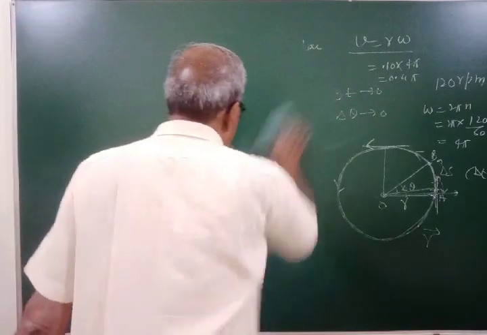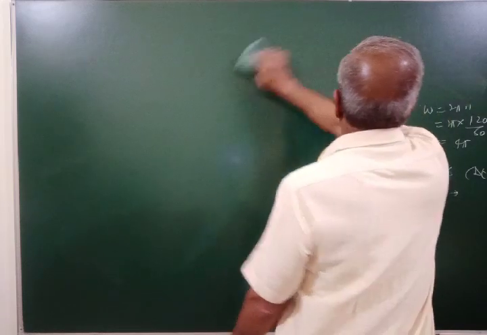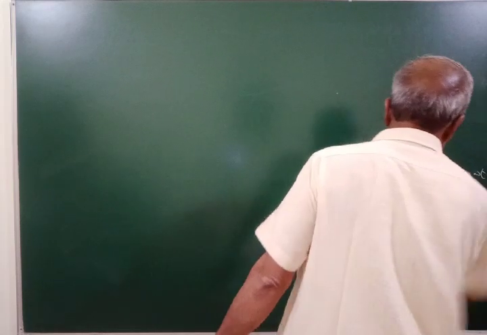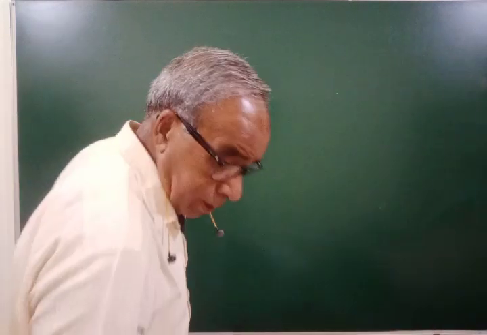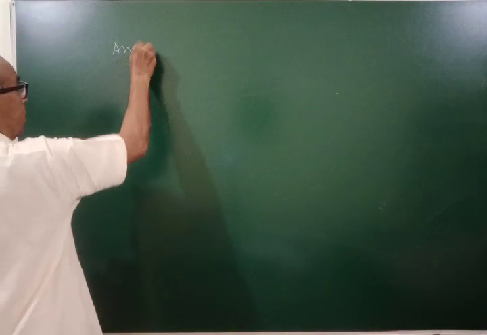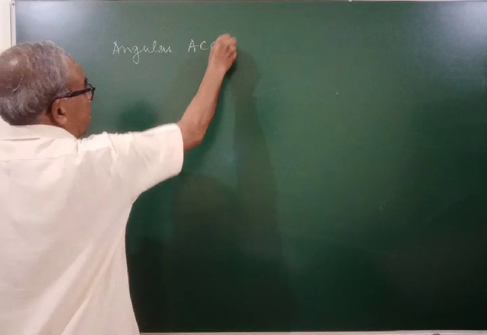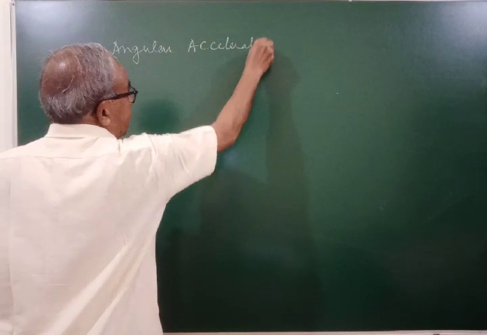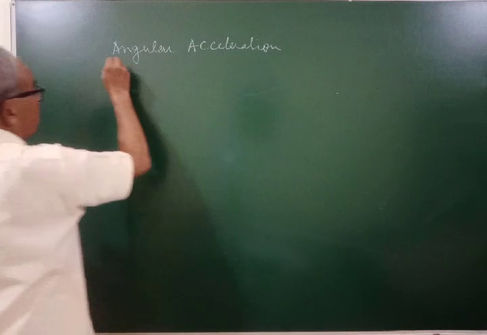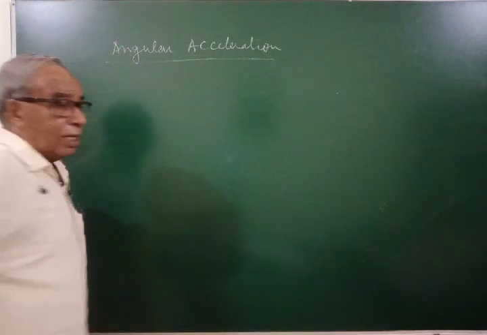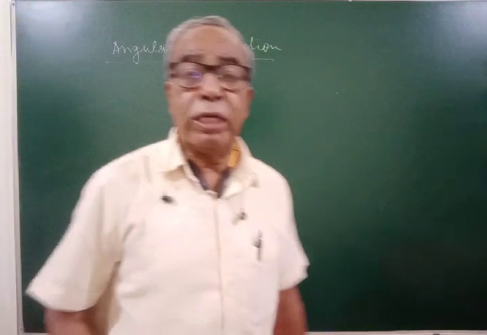Now there is one more term here, angular acceleration. I want to define it here itself. I told you while teaching acceleration, in motion there is acceleration if velocity is increasing or decreasing.